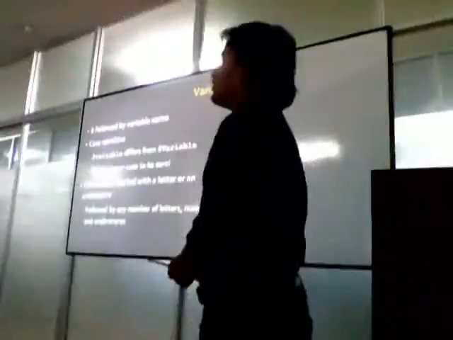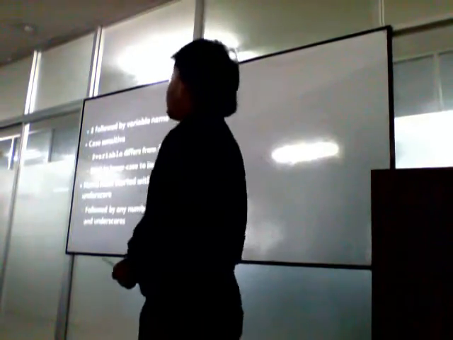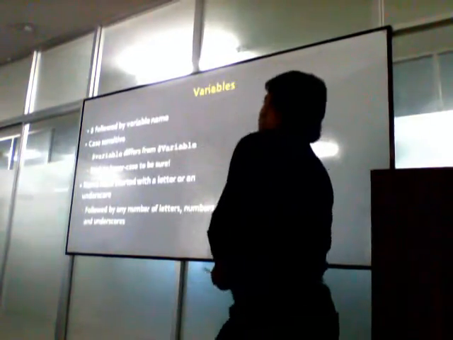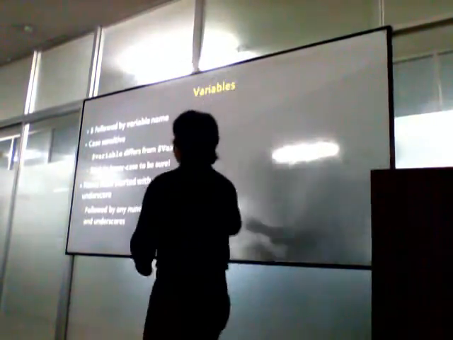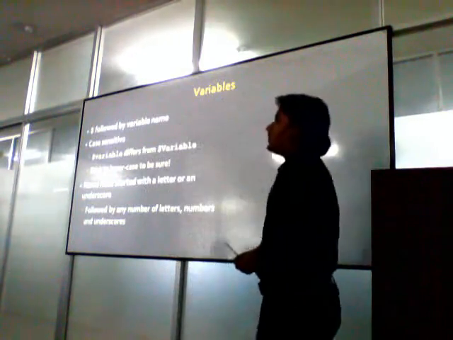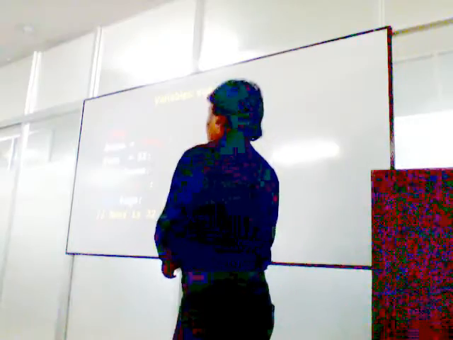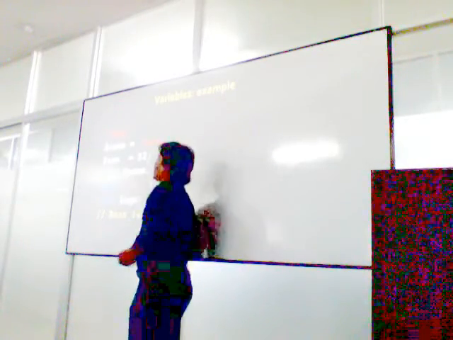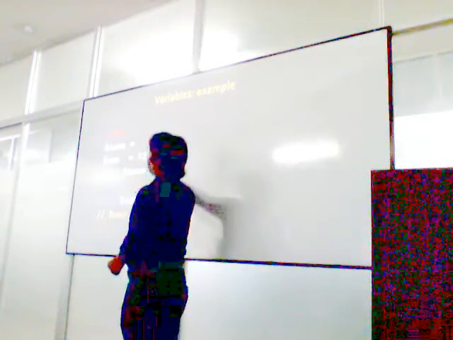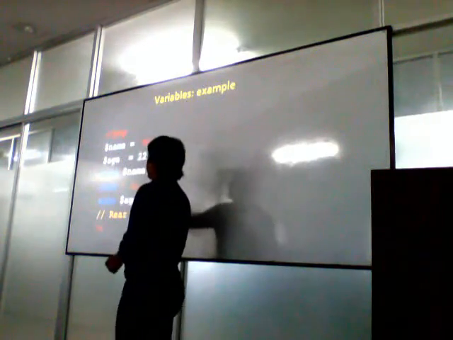And for variables, we define a variable with a dollar sign. First, note that they are case sensitive. A variable is defined with the dollar sign. This is the example, with a variable for a character and the username.